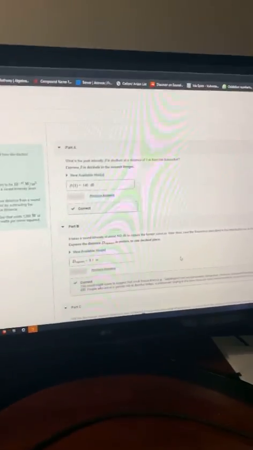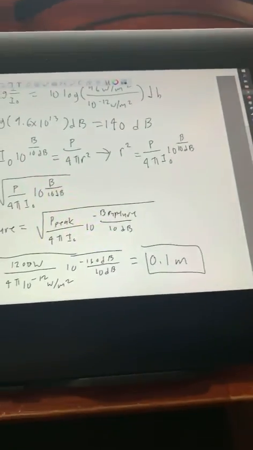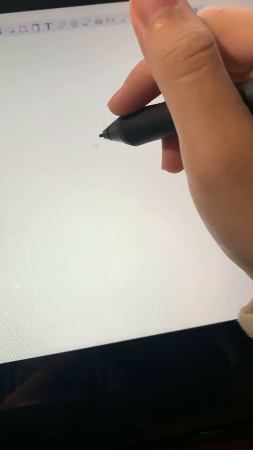Number 3 asks us, will this firecracker produce temporary loss of hearing in someone who sets it off and stands 3 meters away from the explosion? Momentary sounds above 120 decibels produce such loss. So if we were to calculate this, we would have to find the sound intensity of the firecracker from 3 meters away.